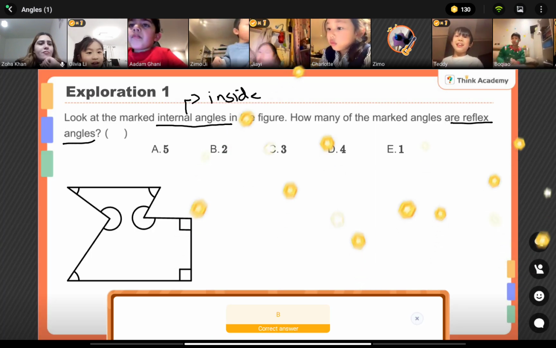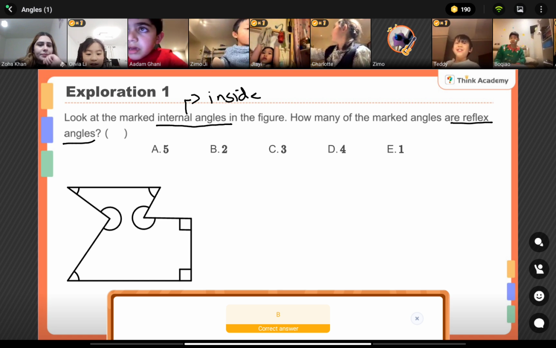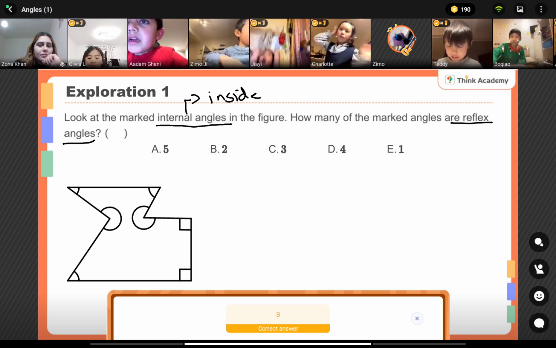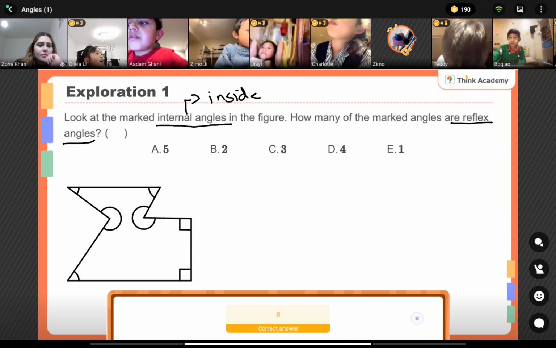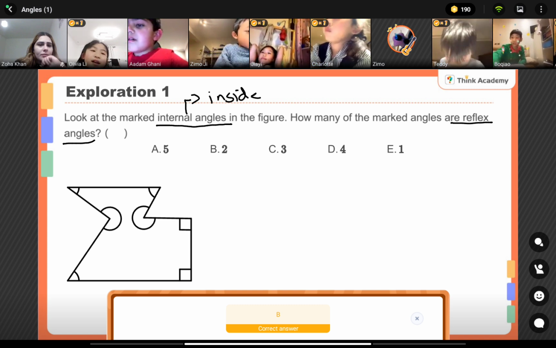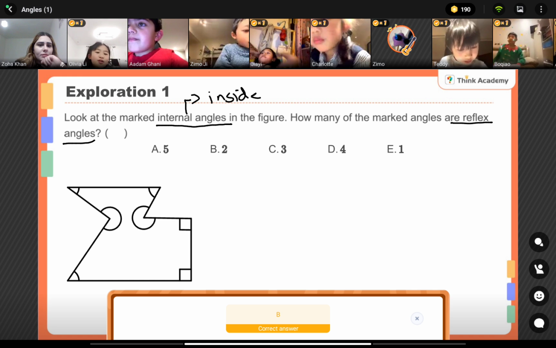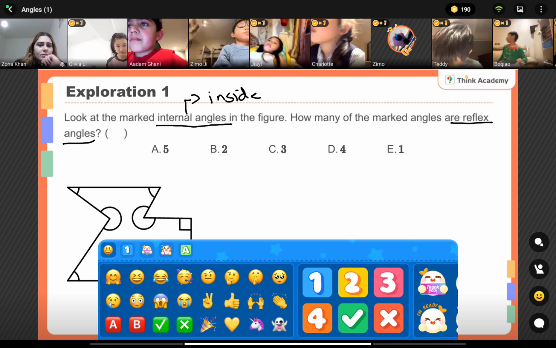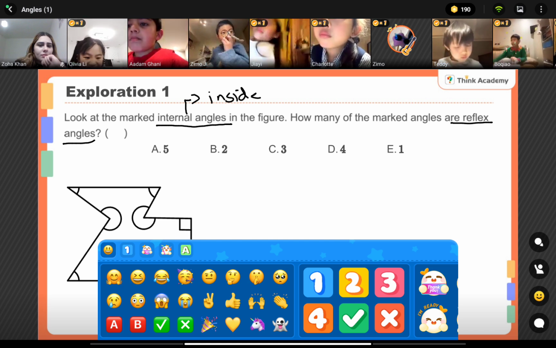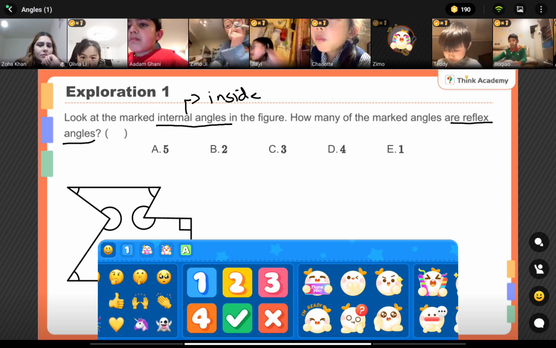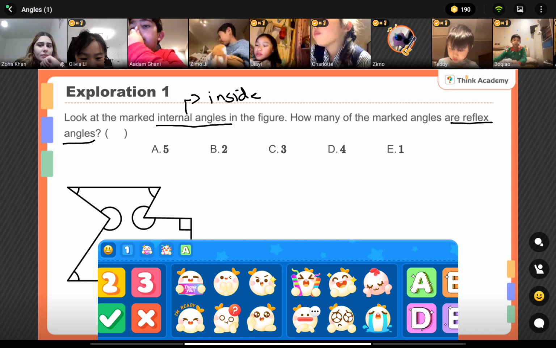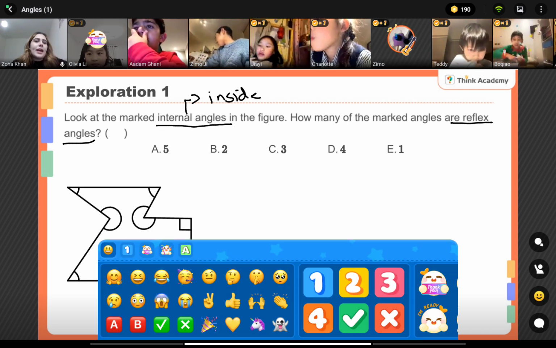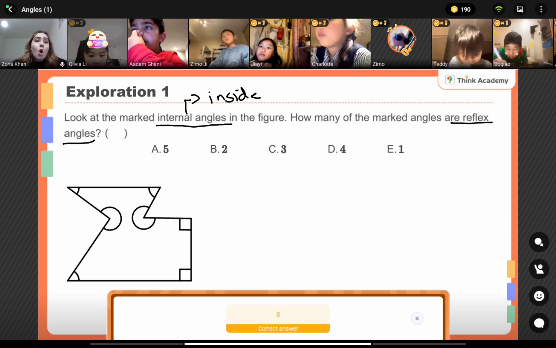How many reflex angles do we have? Can we think about what we said reflex was?